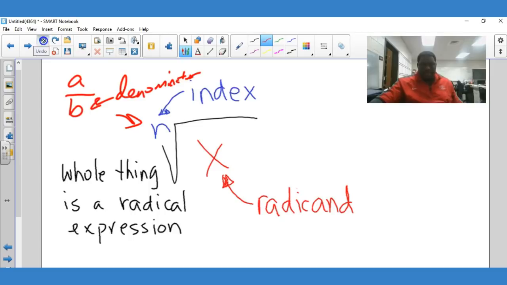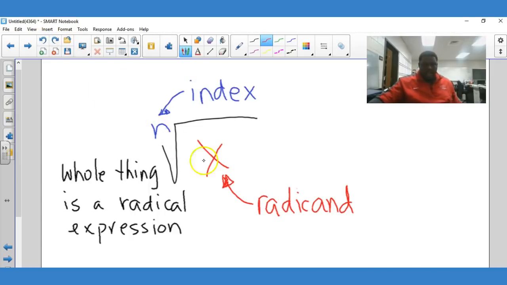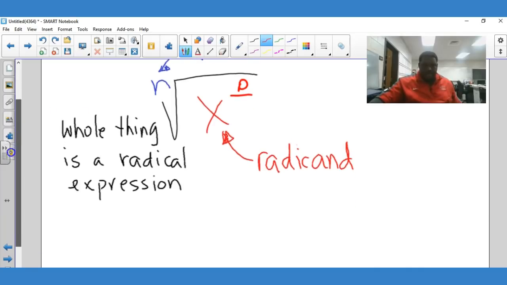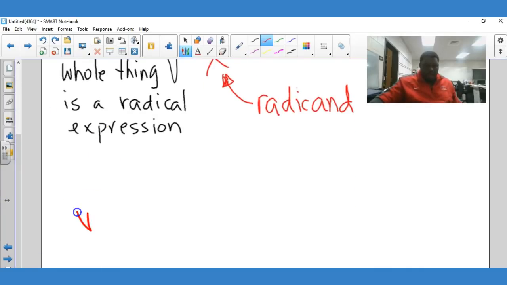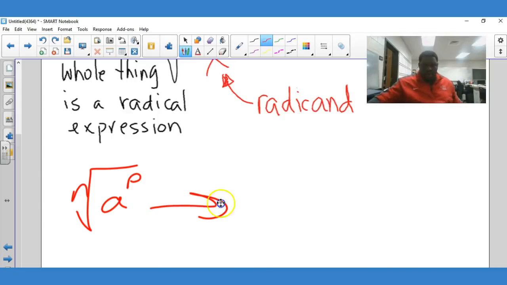Guys, this is your index, this is your radicand. You will have a power up here, some power. If you were to rewrite this radical, index and a power, and you wanted to convert it to an exponential, remember, your index is the denominator, and your power is the numerator, okay?